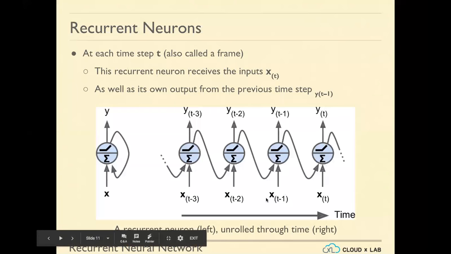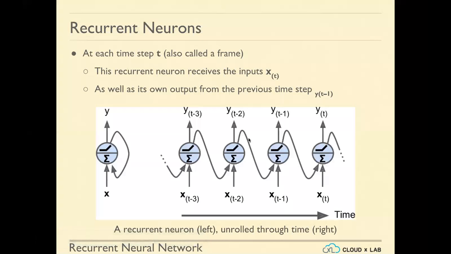Same is true with x at t minus 1: the input from x at t minus 2 is being fed here. So this recurrent neuron receives the input xt as well as its own output from the previous step, yt minus 1.